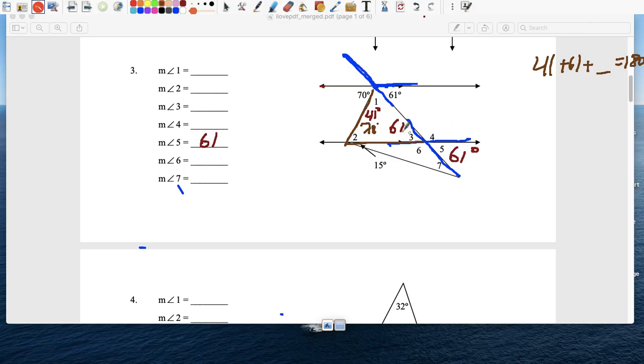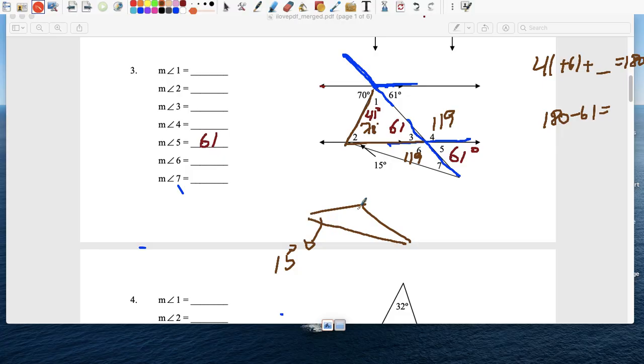All right. Angle 3 and angle 5 are 61. So what's angle 4? Well, 180 minus 61, you get that angle 4 is 119, which makes angle 6 119. Now we have this triangle here at the bottom, where they're saying this guy here is 15 degrees.